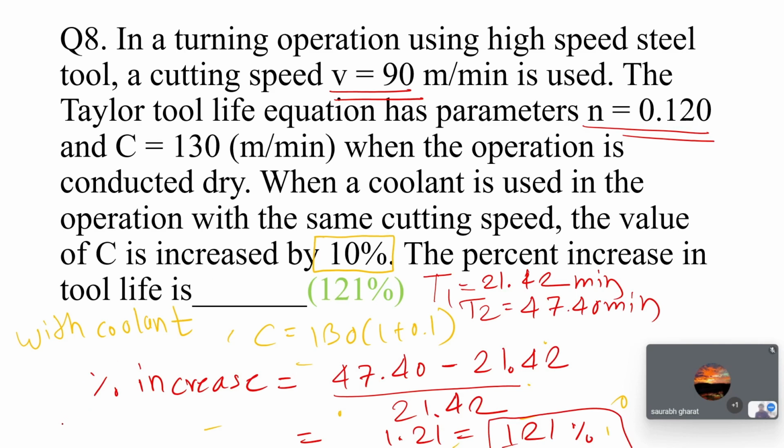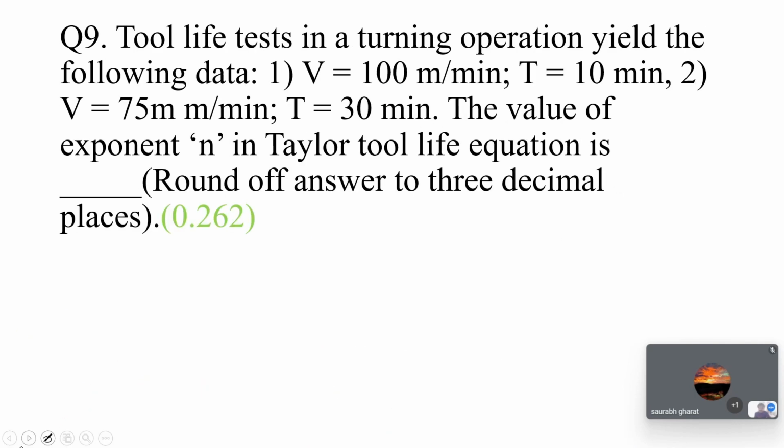Right. Tool life test in a turning operation with the following data. So what is the data we have here? Tool life test. We have your V1 and T values to calculate the exponent. It's again very simple.